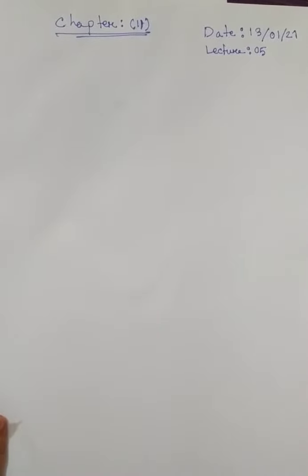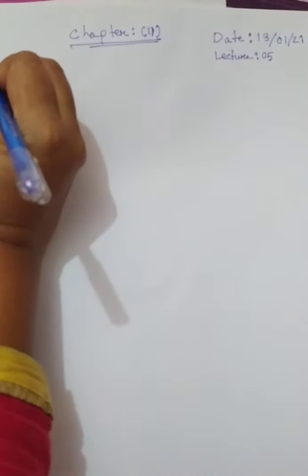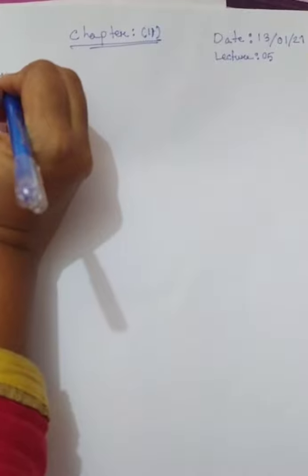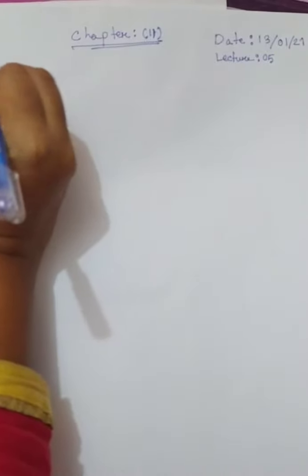Then today we will start with the circuit. What is meant by a circuit? A circuit is an arrangement, a combination of some electrical equipment.